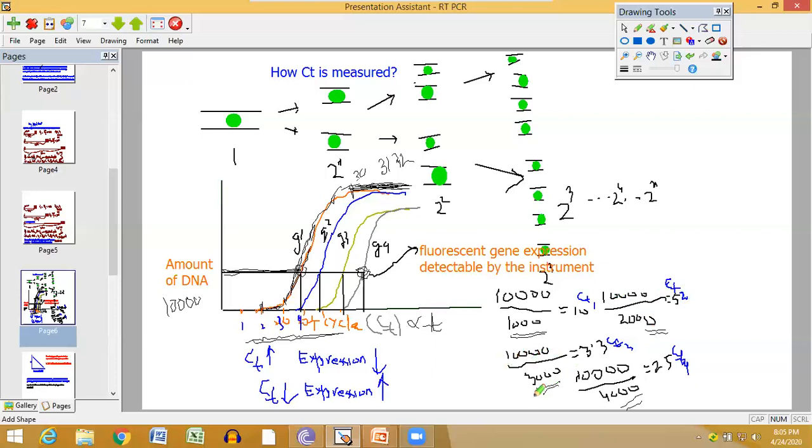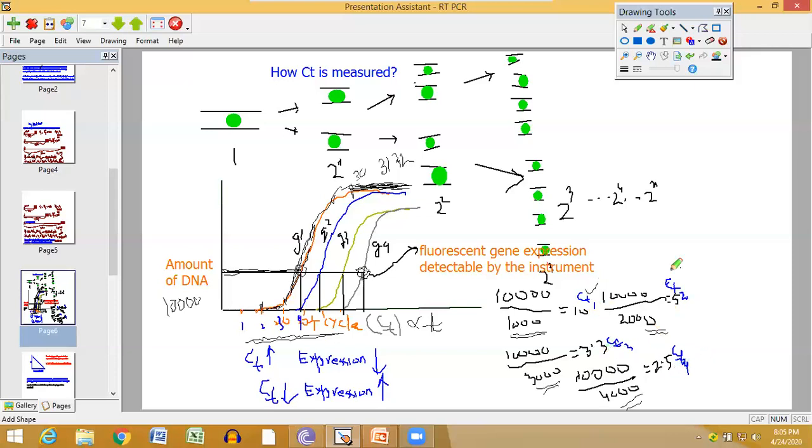The gene expressed initially at 3000 nanogram will take 10,000 by 3000, 3.3 cycles. And the gene expressed at 4000 nanogram initially will take 10,000 by 4000, that is 2.5 cycles to reach that particular target point. So for the first gene, the CT is 10. For the second gene, the CT is 5. Third CT is 3.3. Fourth CT is 2.5.